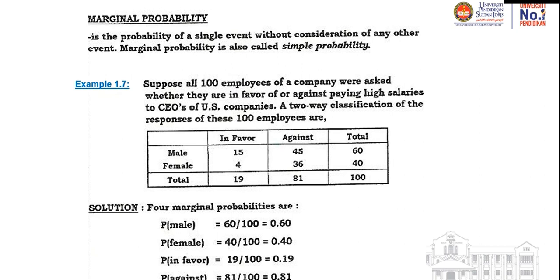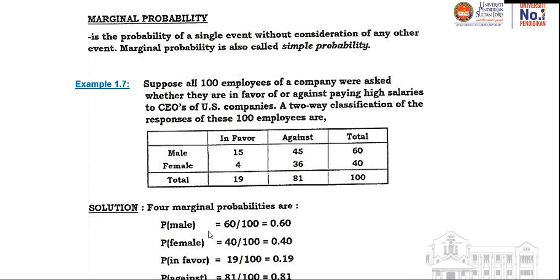So how to find this simple probability or marginal probability? Basically, it's referring to those simple events. For instance, the probability of male is equal to 60 over 100. Remember, simple event is related to simple probability, and the simple events here are male, female, in favor and against. It uses the concept of the probability of an event: the number of males divided by n(S), where male is 60 and S is 100.